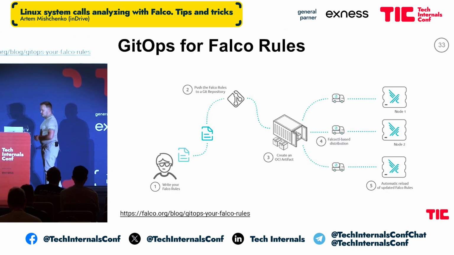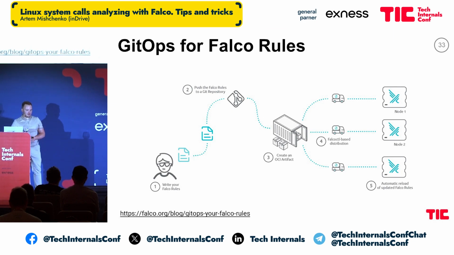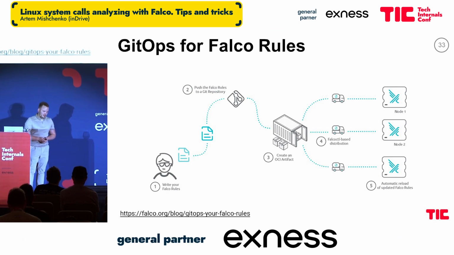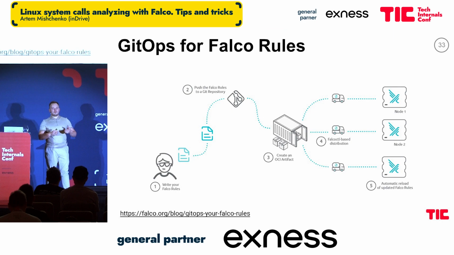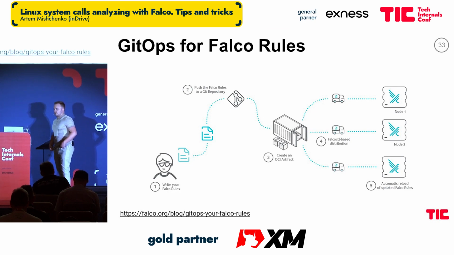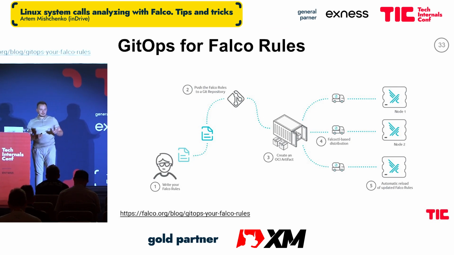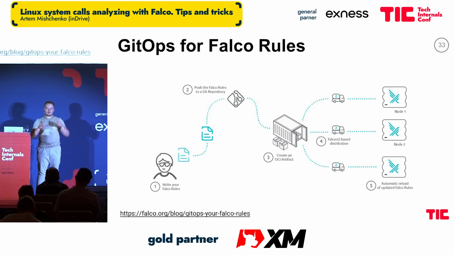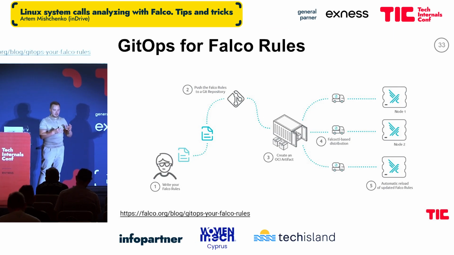Falco uses a really interesting concept of GitOps for rules. There is a small supplementary tool called Falco CTL. It installs with the main Falco binary during the initial installation, but this tool provides us the ability to put our rules, just as a YAML file, into an OCI image. It's Open Container Initiative, like a container image.